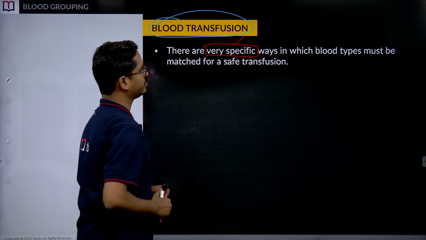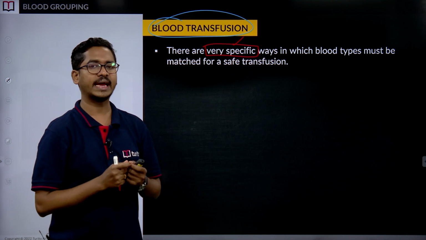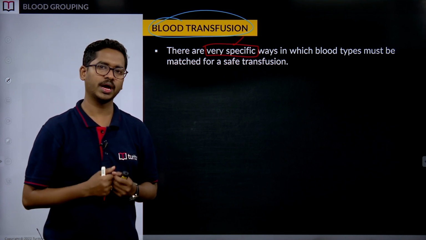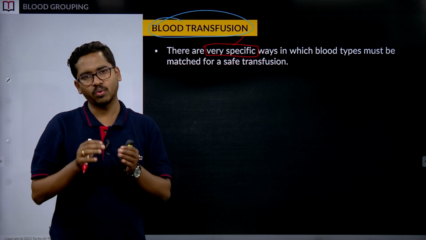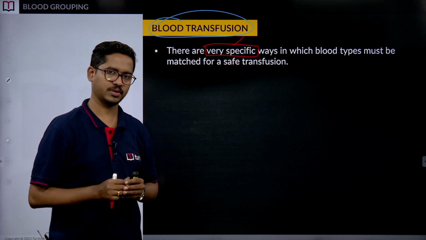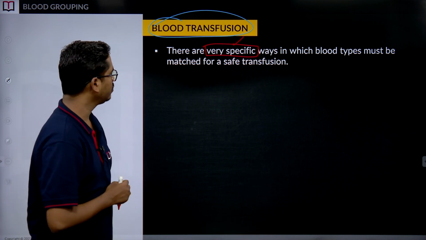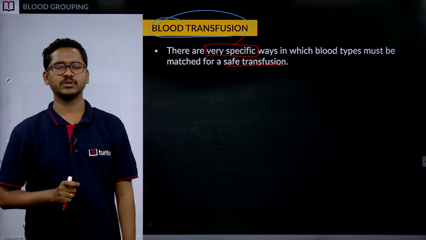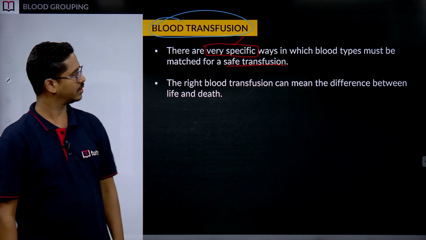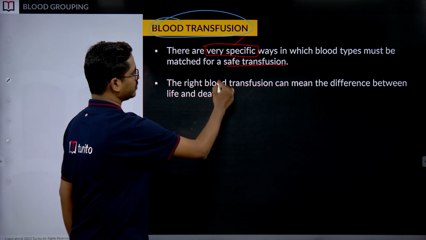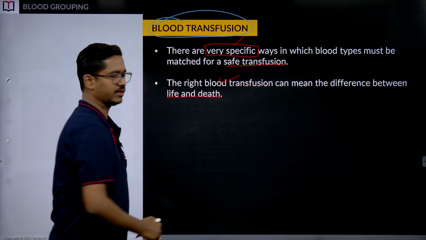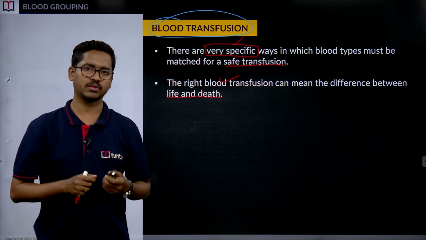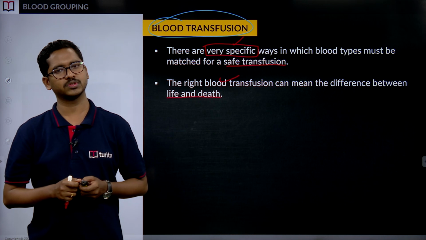It entirely depends on the type of blood you have and the type of blood the other person has. It is quite simple. Only then can you achieve a safe transfusion. The right blood transfusion can mean the difference between life and death. Although it looks very simple, that is what the right blood transfusion must achieve.